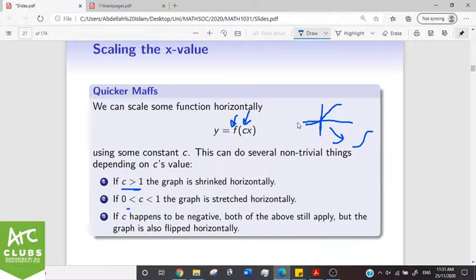But if c is between 0 and 1, then the graph will be stretched, meaning it'll kind of look like that now. And if c is negative, then we do the same thing, but now we also flip it horizontally.